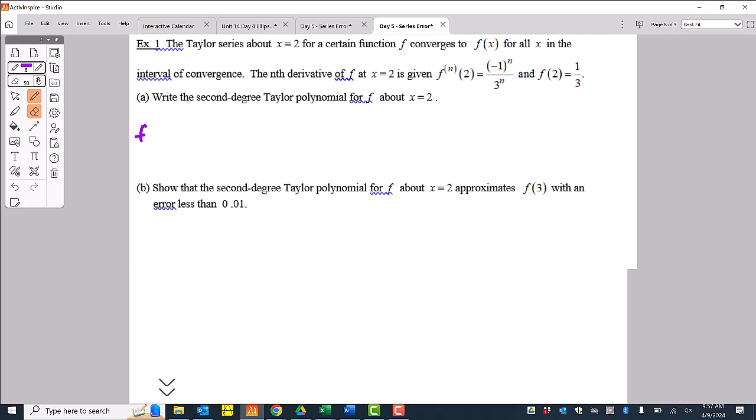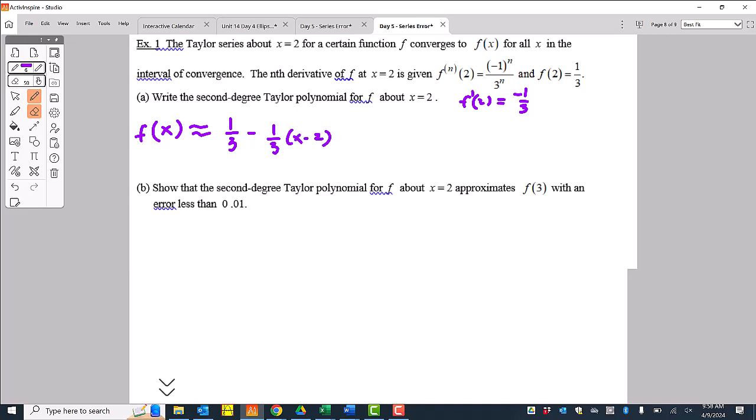Well, this is just our normal process, except instead of actually finding the derivative each time, it already tells us what the nth derivative is every time. So f of x is going to be approximately f of 2, which is 1/3, plus, and then now we're looking for the first derivative. So the first derivative at 2 is going to be negative 1 over 3. So plus, well, that'll be minus 1 over 3 times x minus 2.